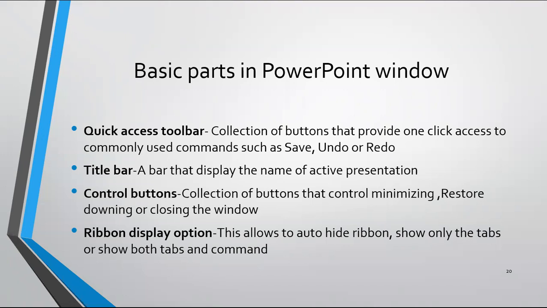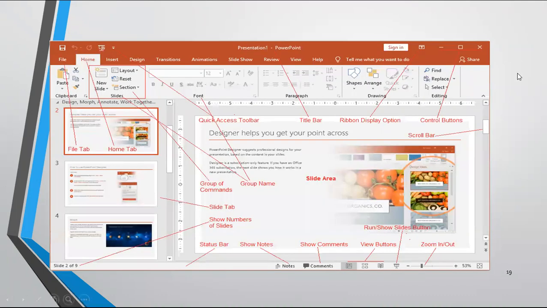Then the ribbon, so ribbon display options. That means this allows you to auto-hide the ribbon, show only the tabs, or show both tabs and commands. I'll show you that one again, right here.